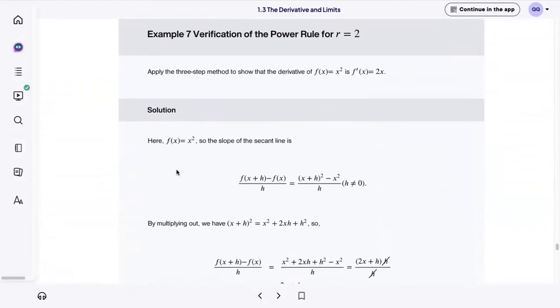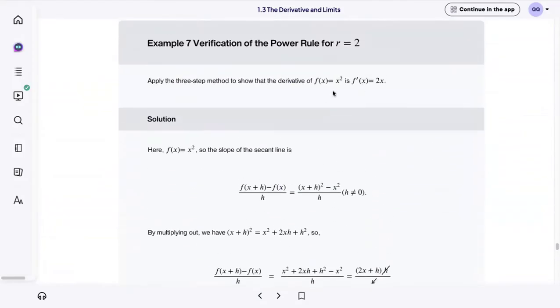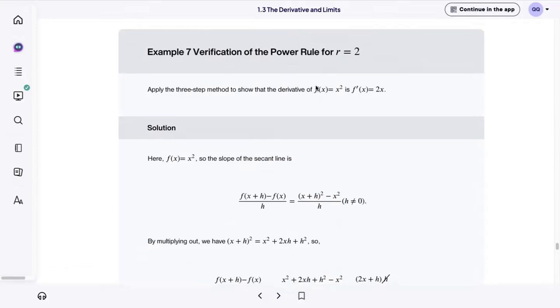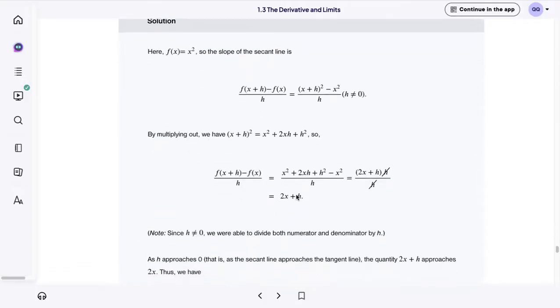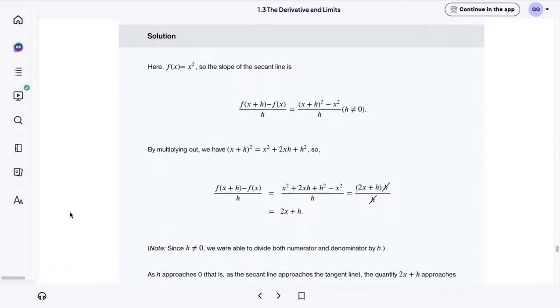This just shows some examples of calculation. If the function is x squared, we can go through this difference quotient to get 2x plus h. If the function is f of x equals x squared, then f of x plus h is just x plus h squared, right?